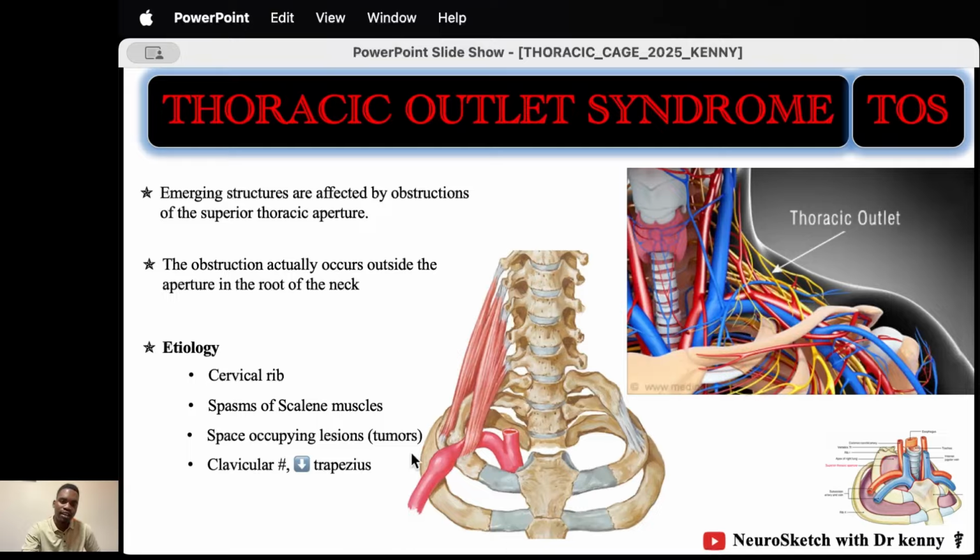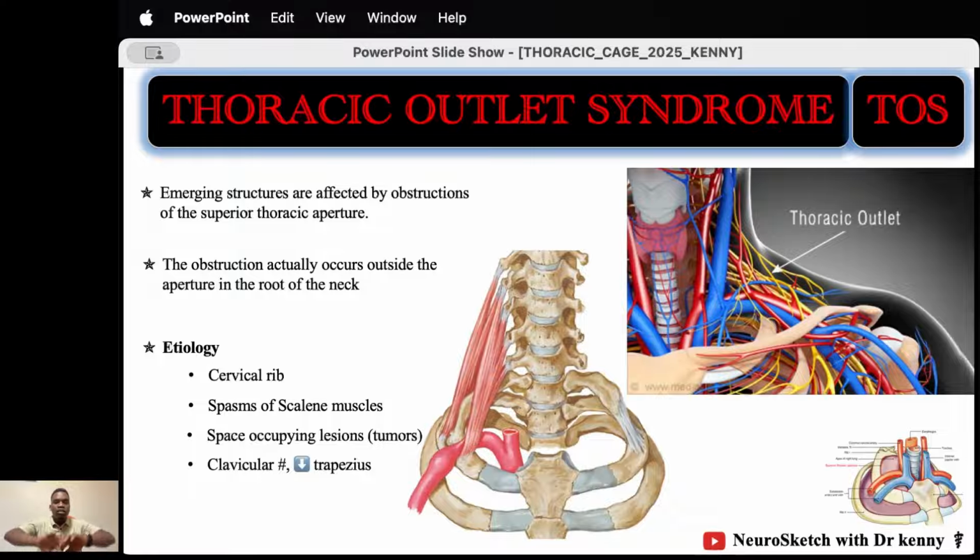Also if someone has trapezius insufficiency or trapezius paralysis, the shoulder can drop in a similar fashion and result in compression of the neurovascular structures, resulting in thoracic outlet syndrome.